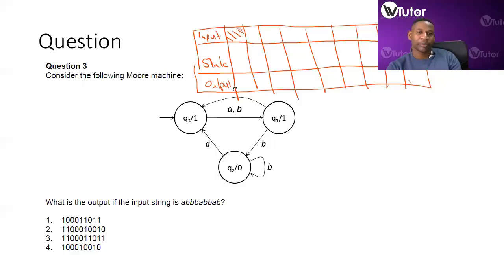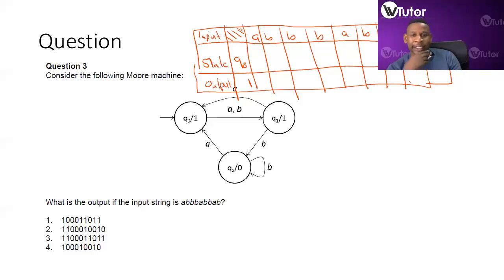Then we start in Q0. The input is A, B, B, B, A, B, B, A, and B. So if you're in Q0, you're going to have an output of 1.